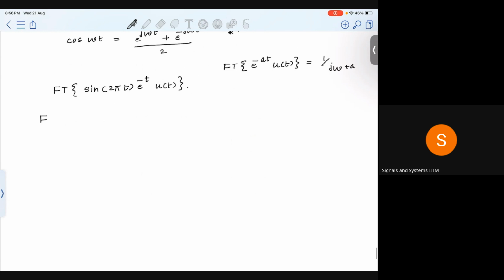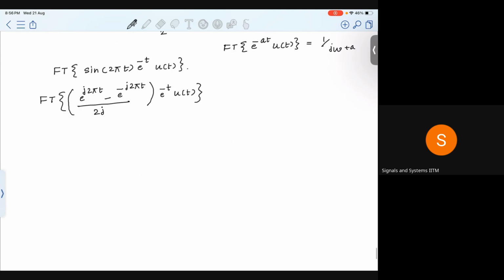So this is simply the Fourier transform of (e^{j2πt} minus e^{-j2πt}), sorry, divided by 2j, times e^{-t} u(t).